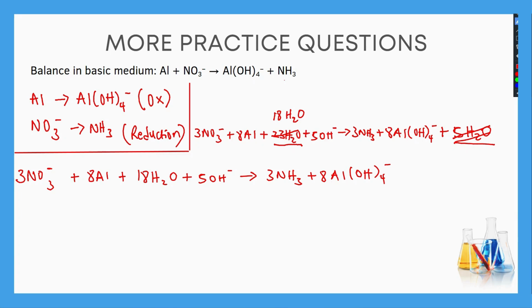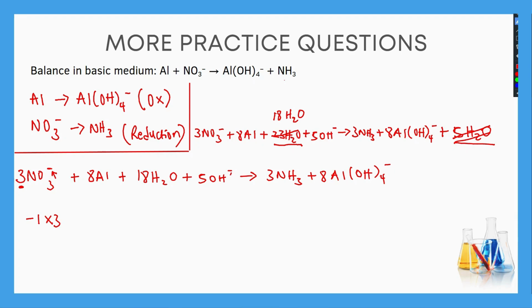Now, at this point, we've gotten our final balanced equation, but let's do a little check. Is everything balanced? Are charges balanced and our atoms balanced? Let's check it out. On the left-hand side, you can see there is a charge of minus, which indicates a charge of -1, and there is a coefficient of 3 here, which indicates a charge of -1 times 3.